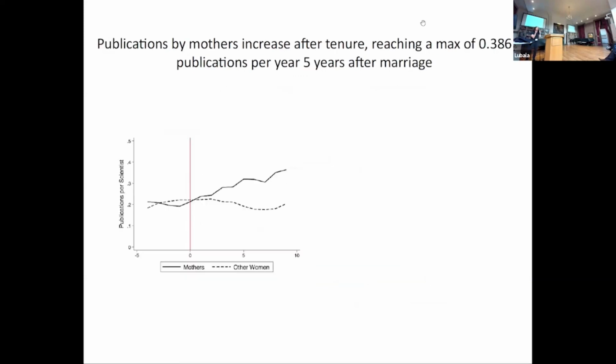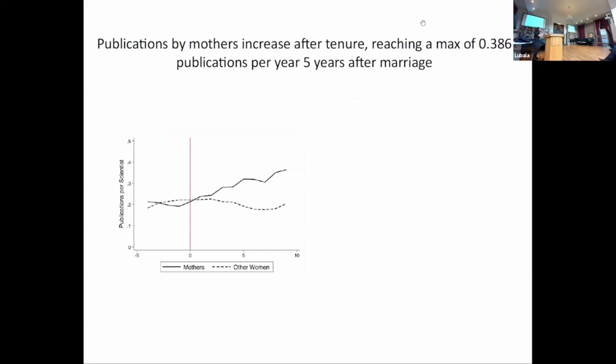And then one thing that I was encouraged to do is think about the policy implications. One thing this data suggests to us is that we're much worse at predicting the productivity of mothers than we are at predicting the productivity of men or other scientists.